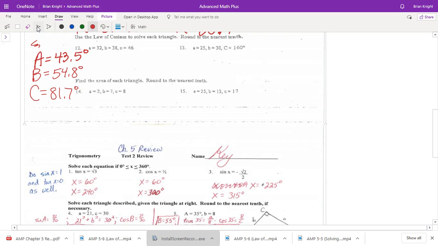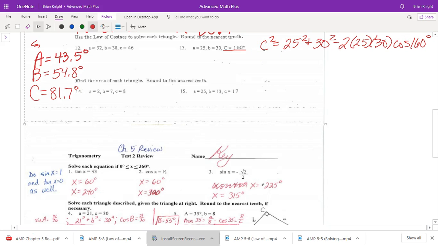What do we have to find first? Which letter do we have to find first? C, because they gave me angle C. So I have to find C squared first. C squared will equal A squared, which is 25, plus B squared, which is 30, minus 2 times 25 times 30, times the cosine of 160 degrees.